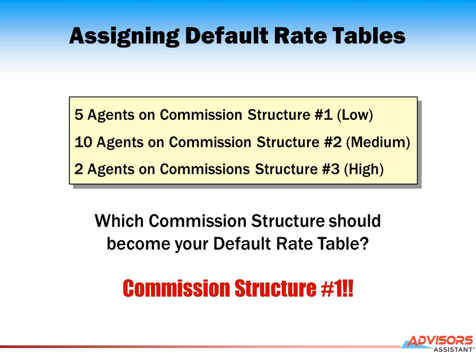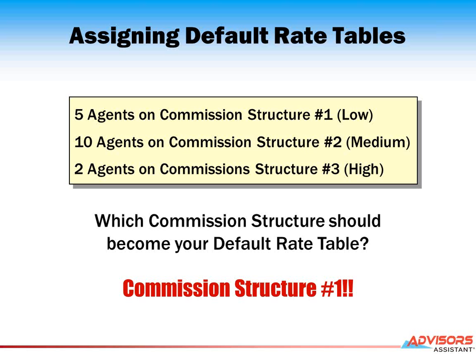But if you make the low structure the default table, even though that might be a little bit more time because you have more tables to set up, if the new agent comes on board and they don't get a custom table set up and they're supposed to be paid at a higher rate, and they accidentally get paid at a lower rate because it kicks into the default, they probably will come to you if they're not being paid enough.